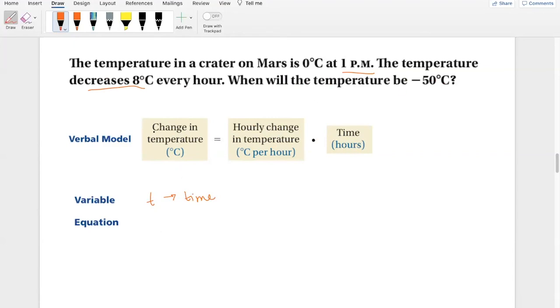So the equation, our change in temperature would be -50. Our hourly change, here's our every hour. So every hour it's going down 8. That's important. -8 multiplied by our time, and we said that is our variable.